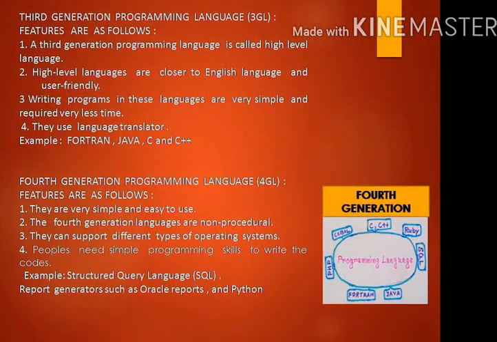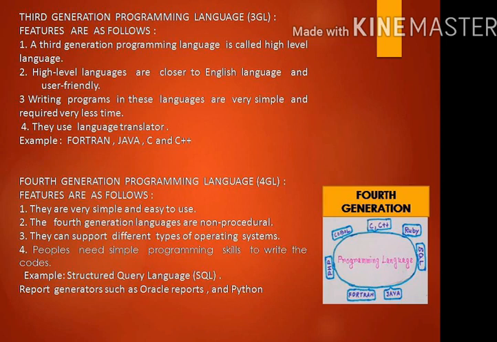The next slide is about third generation programming language and fourth generation programming language. The main features of third generation programming languages are as follows. Number 1. A third generation programming language is called high-level language. Number 2.